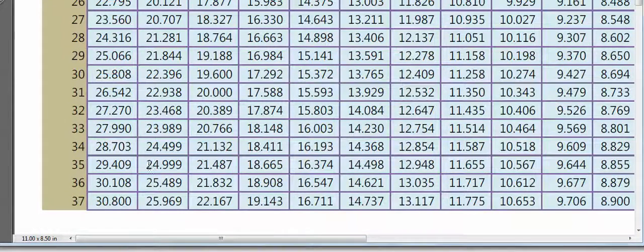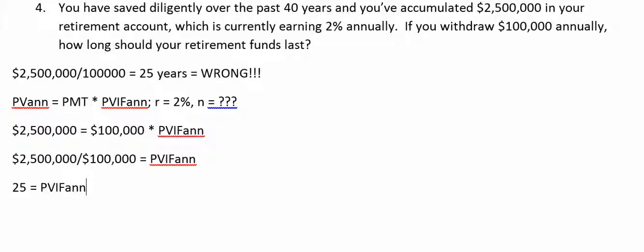Oh, and here's almost exactly right. So 24.99, that occurs at a time period of 35. So that will last me 35 years.